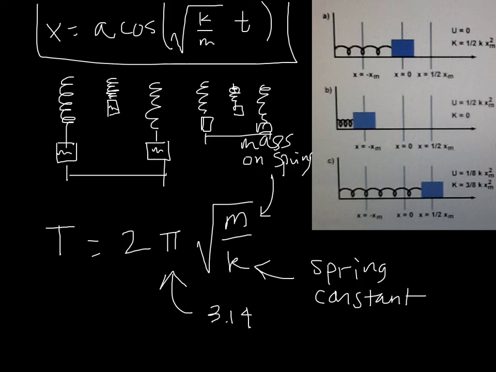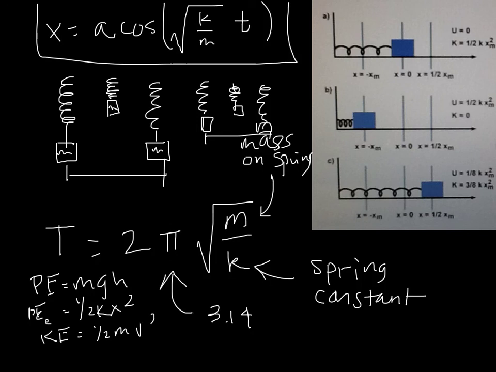Now that you know information about different kinds of energy, so gravitational potential energy, elastic potential energy, and kinetic energy, we can solve for many different variables given one system.